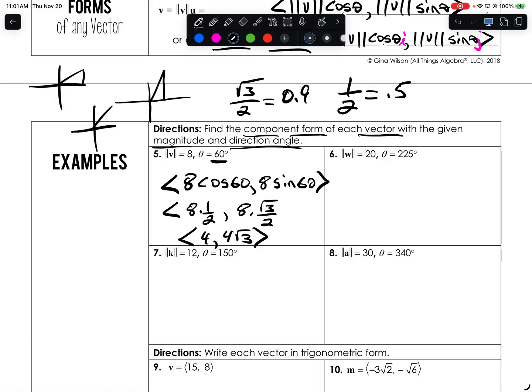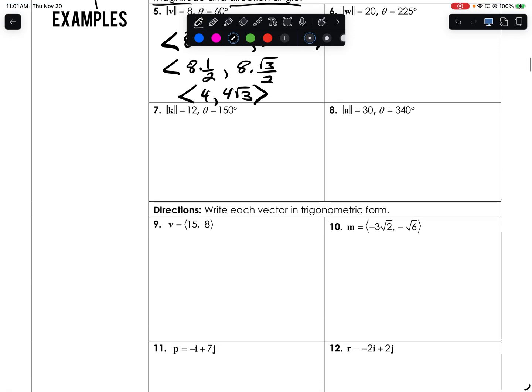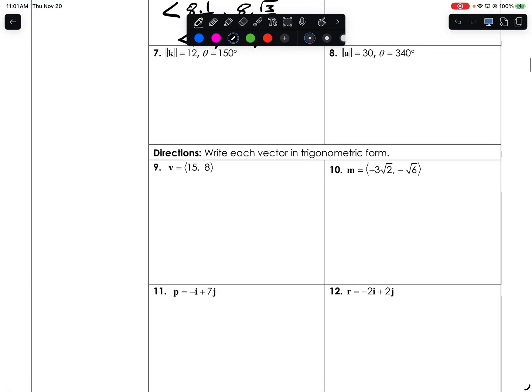So let's do number 10. When I do 10, I'm going to cross off 12 because there's a lot of work that happens. So first thing we've got to do is get the magnitude. So magnitude, you should be thinking square root of a squared plus b squared.